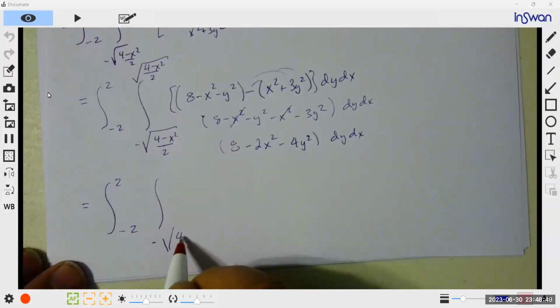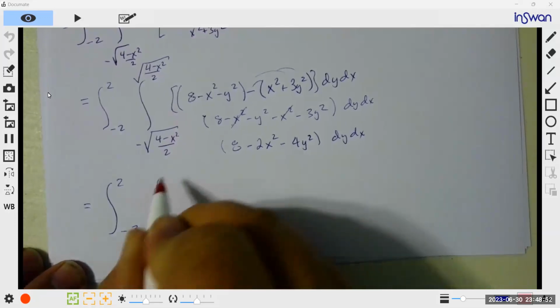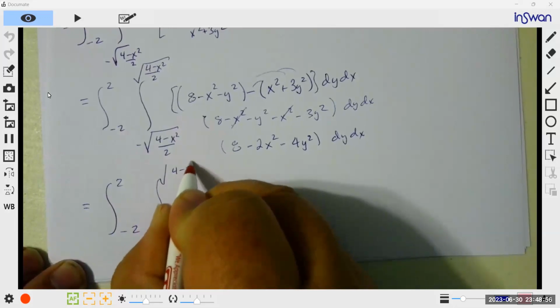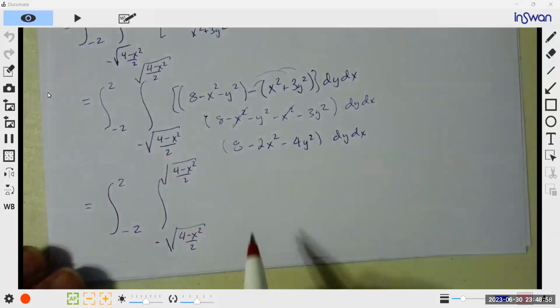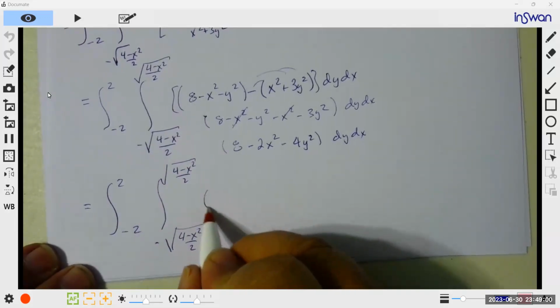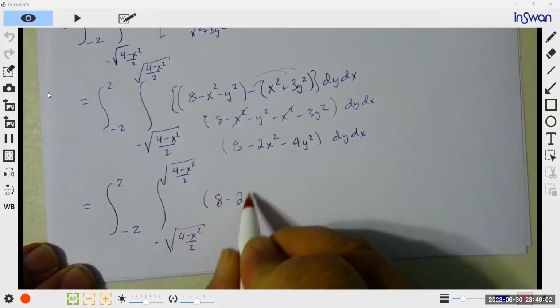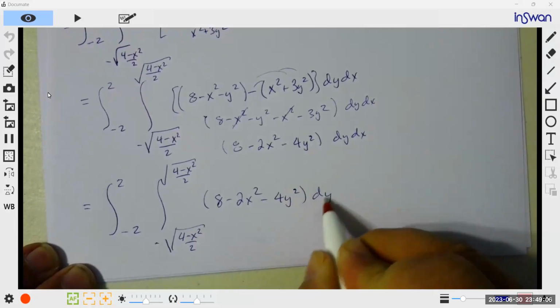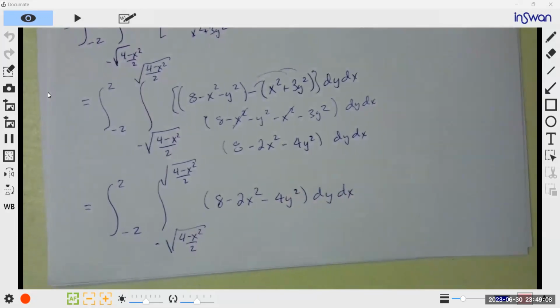Nothing out of the ordinary. So we have 8 minus 2x squared minus 4y squared, dy dx.